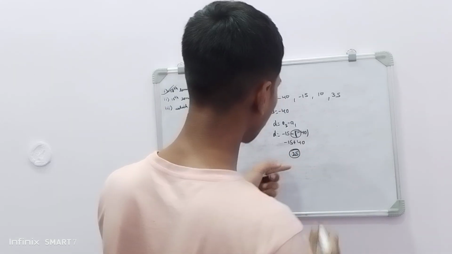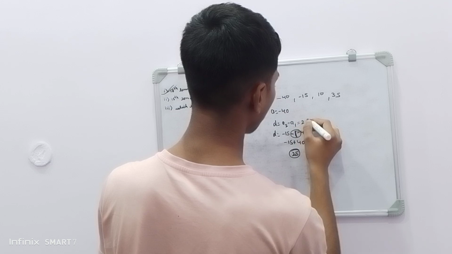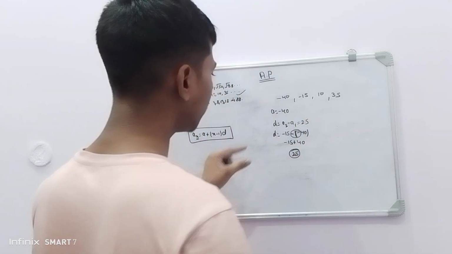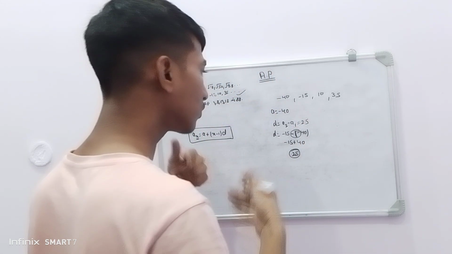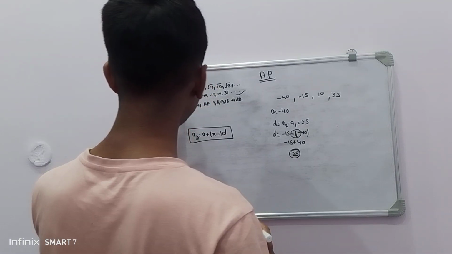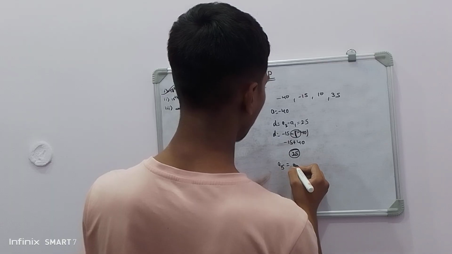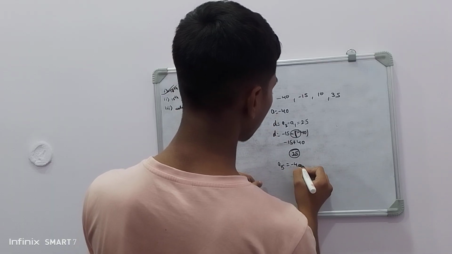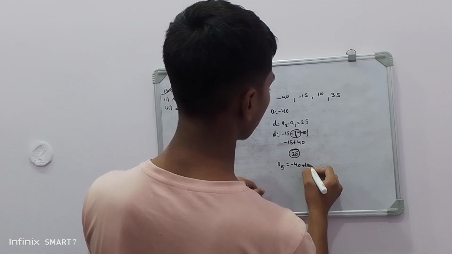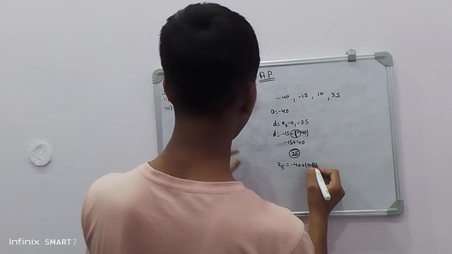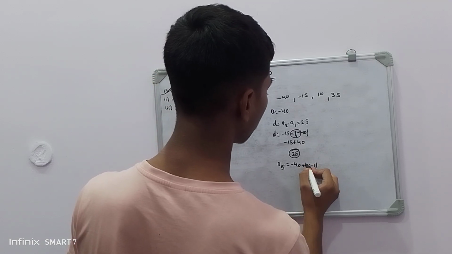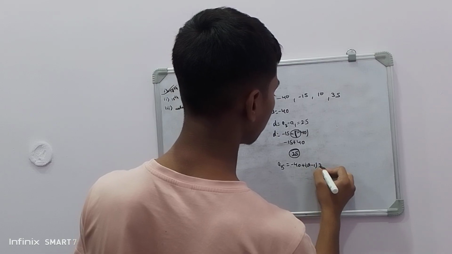So we have d, the common difference, as 25 in this question, and if we get a and d, then you can find any value. In this question we are asked for A15, so we have the formula a plus n minus 1 into d. So minus 40 plus, n is 15, so it becomes 14, into d, which is 25. So 25 into 14 becomes 250 plus 100, so it becomes 350.